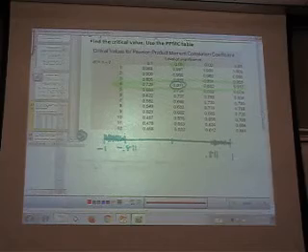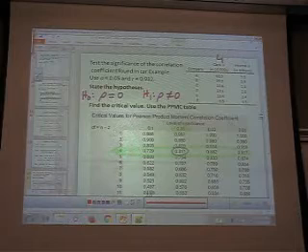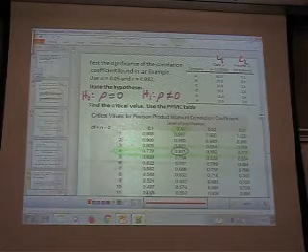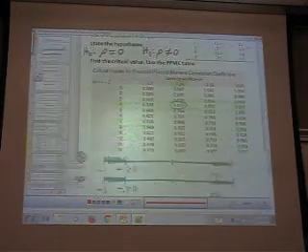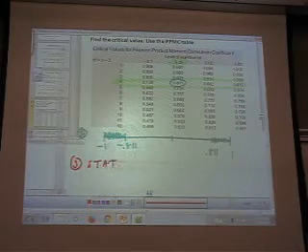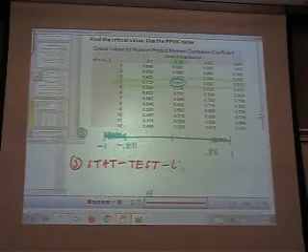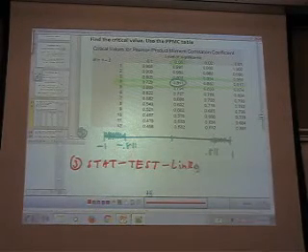And then I'm going to find my test statistic. I would put these into list 1, put those into list 2, and do stat test, LinRegTTest. So how do you show your work?